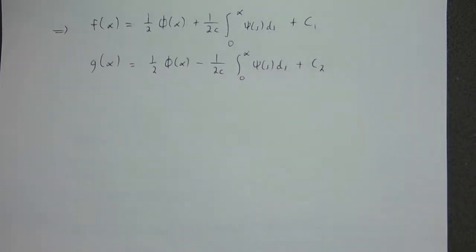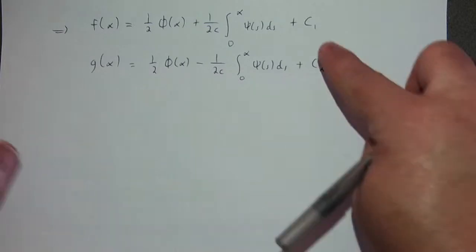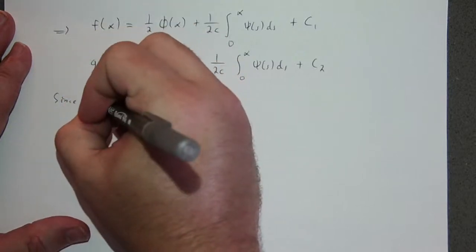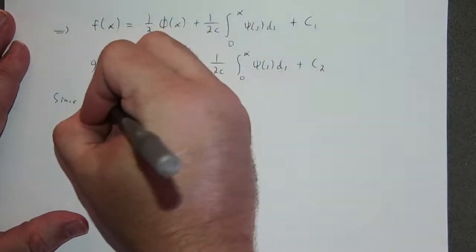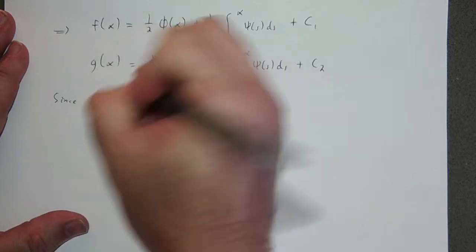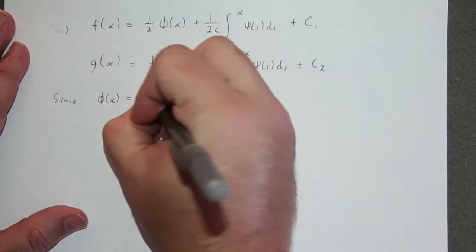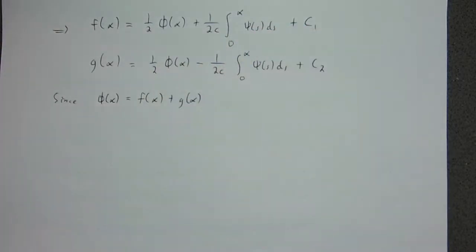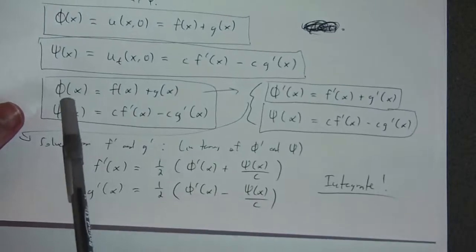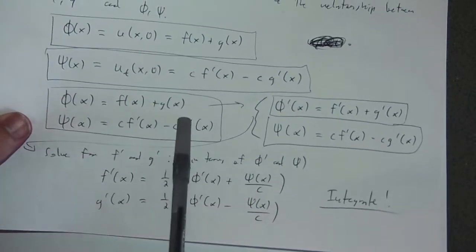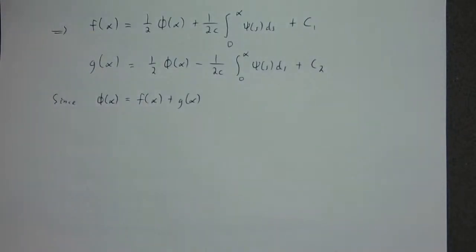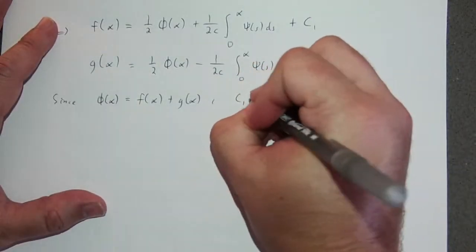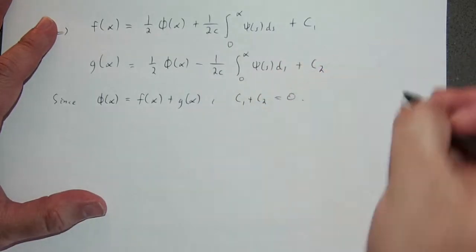Since we know that phi of alpha is equal to f of alpha plus g of alpha, this was the first expression I came up with, that means that when I add these two things, c sub 1 plus c sub 2 is actually 0.